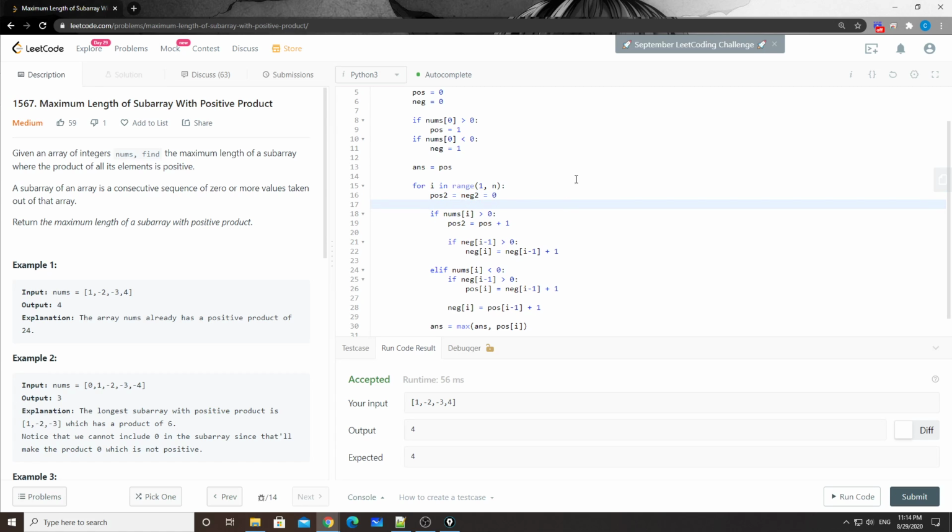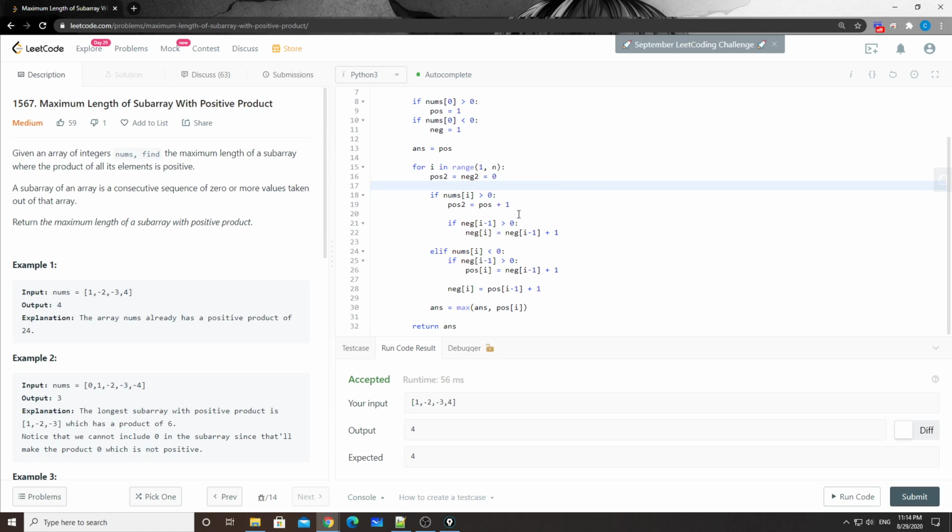So that's that, and the negative is the old one, and it's negative 2. Same thing here. If the negative is greater than 0, we have pos2 equals negative, and then same thing here, neg2, pos.